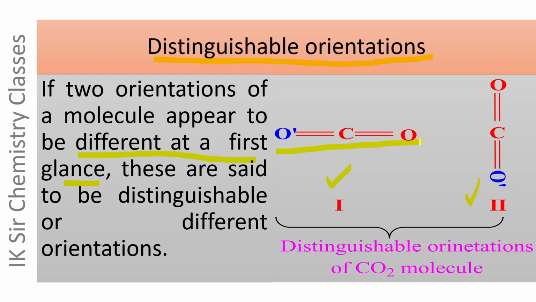On the other hand, in orientation 2, CO2 molecule is in the vertical position, and hence 1 and 2 are distinguishable orientations, that is different orientations of CO2 molecule.